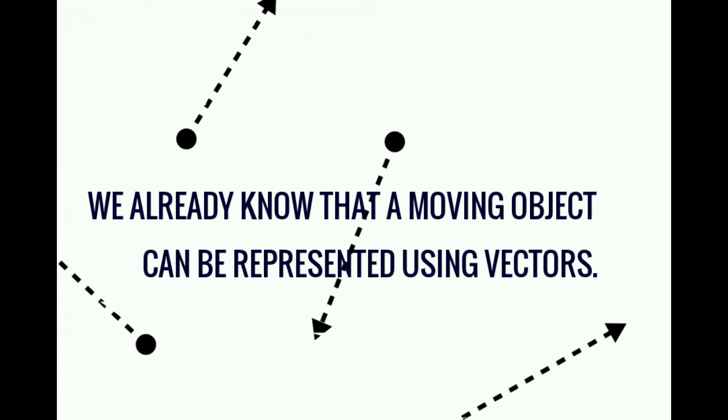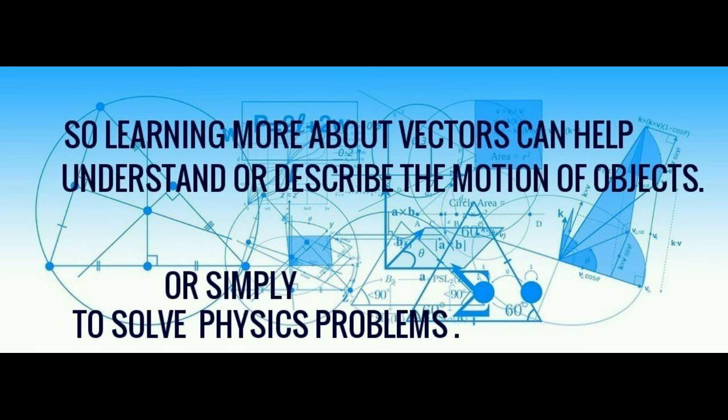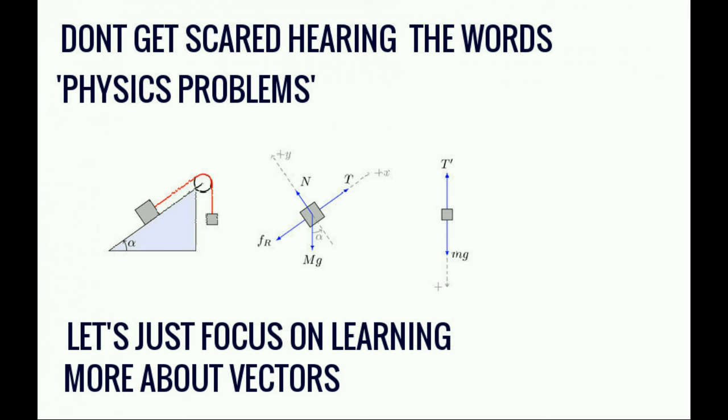I have drawn a picture of some vectors going up, going down, going sideways. So learning more about vectors can help understand or describe the motion of objects. As you can see, we can just replace the motion with a vector. And generally, this is basically to solve physics problems.